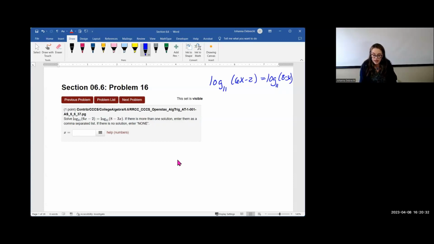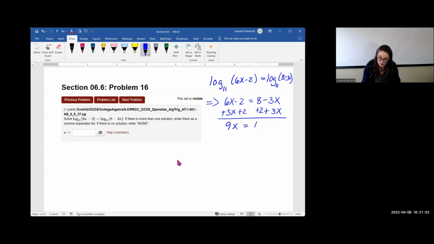The bases are both 11, and because the logarithm is a one-to-one property, and I have one log equal to another log of the same base, then I know that the answer parts have to be equal. Then I need to get all my x's on the same side of the equation and move anything that doesn't have x in it to the other side. This gives me 9x equals 10, or dividing both sides by 9, I get 10 over 9.